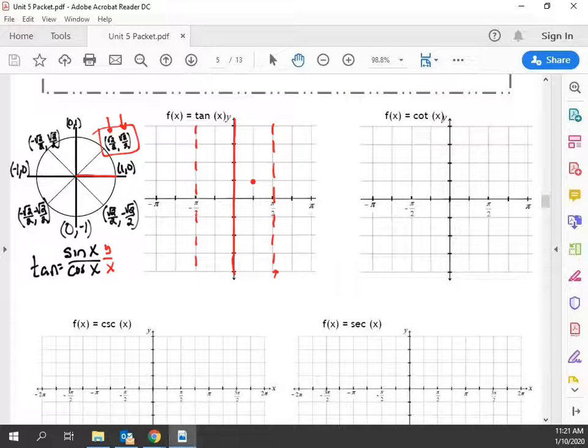So, with this, let's go back. What is the tangent of 0? Well, look at those coordinates. What is the tangent of 0? Well, what is 0 divided by 1?